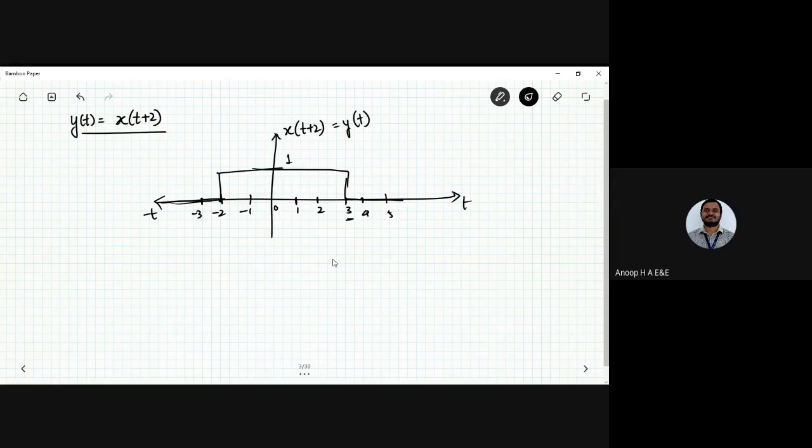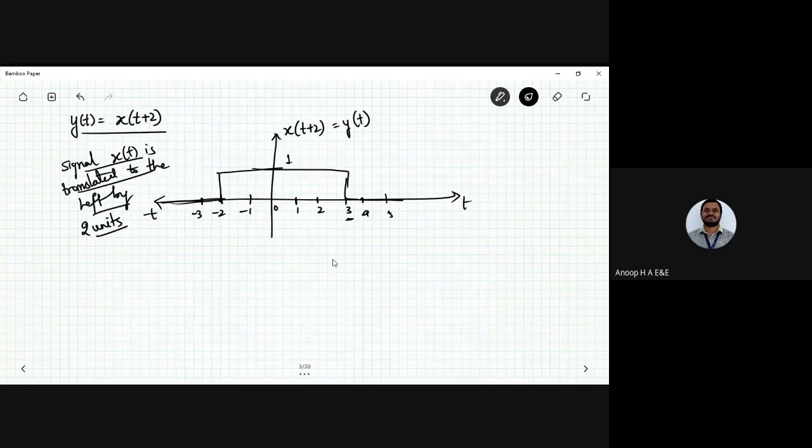The signal x of t is translated to the left by 2 units. This is what we mean by the time shifting property when a is greater than 0.